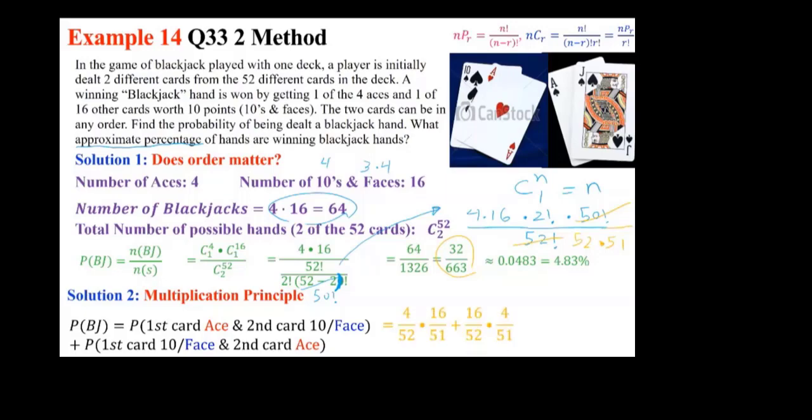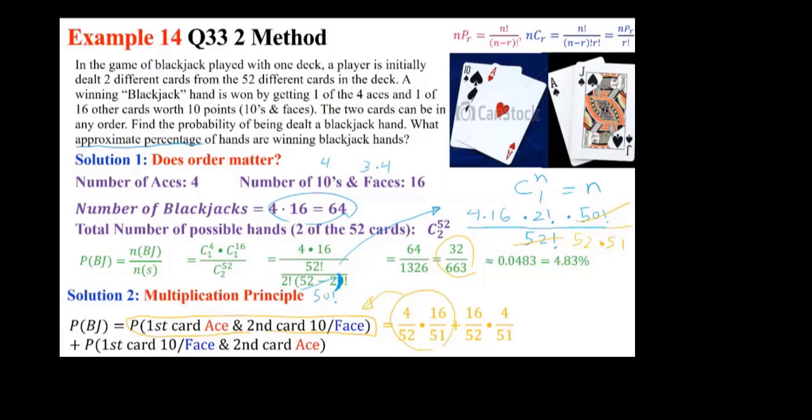When you're looking at this portion, you are looking at getting an ace, 4 out of 52. Needless to say, it can be simplified. Now, if an ace is gone, then the total size of 52 goes down to 51, but the total number of 16 faces and 10s remains intact. So 16 over 51.